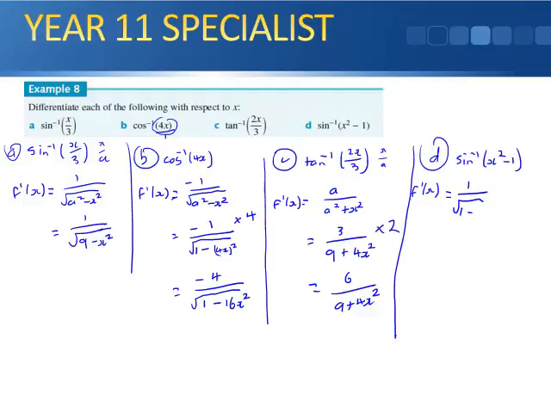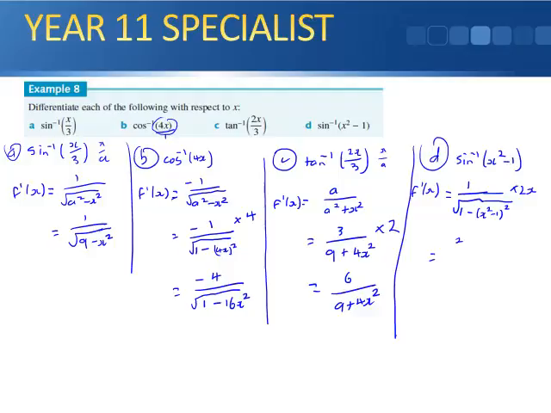My x is x squared minus 1. So I'm just going to put that in brackets: x squared minus 1, all squared. And remember I have a derivative of x squared minus 1, so when I differentiate that I get 2x. Just like when I differentiated the 4x I got the 4. Because I only differentiate the 2x here, I got the 2 in part C. So be careful with that.